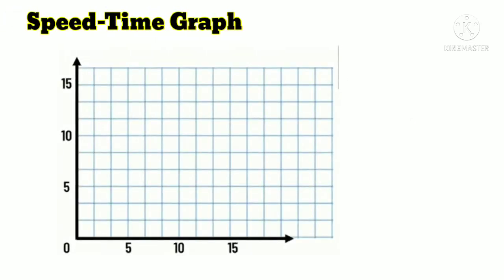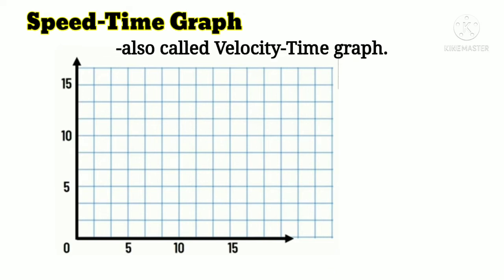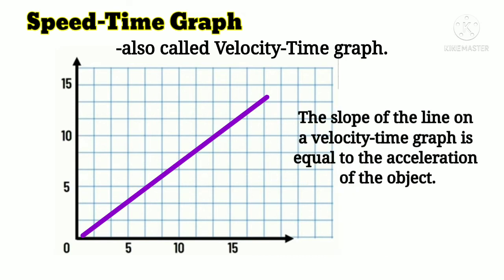Aside from the distance-time graph, we also have the speed-time graph. A speed-time graph is also called a velocity-time graph. The slope of the line on a velocity-time graph is equal to the acceleration of the object. A speed-time graph looks like a distance-time graph, so make sure to read the labels.